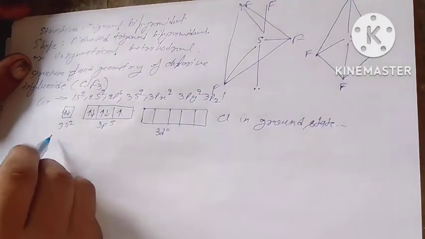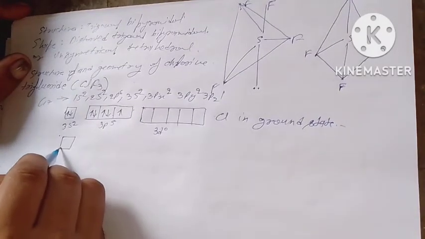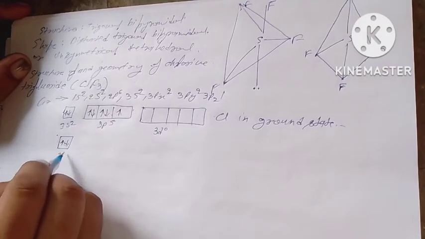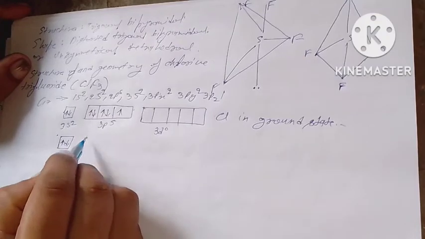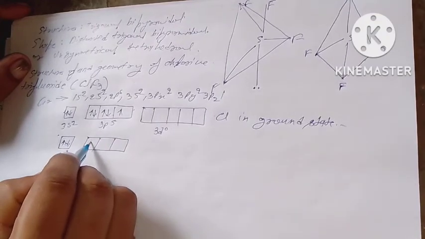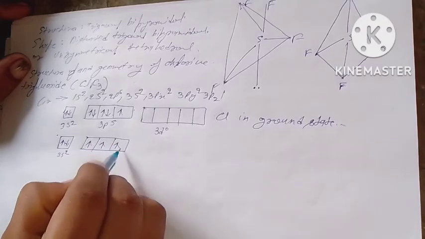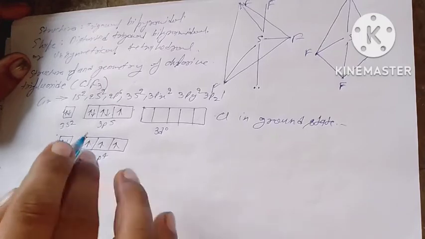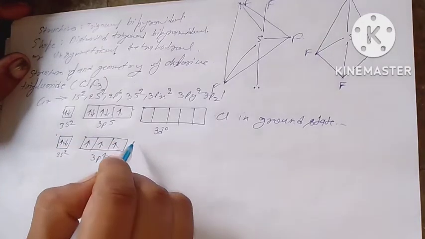Next, 3s2, then 3p4 because 1 electron is moved into the d orbitals.